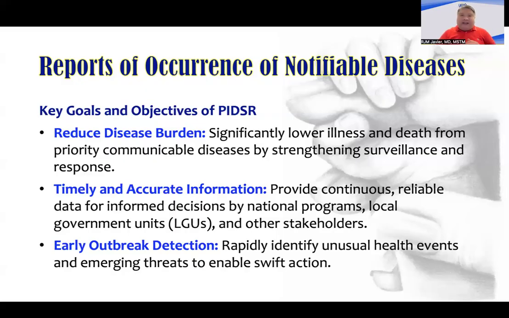In contrast, if I say what is the prevalence of type 2 diabetes mellitus in 2025, I am asking you how many diabetics were diagnosed in 2025, including those who have already been diabetic even before 2025. So that's the importance of the concept of incidence rate versus prevalence rate.